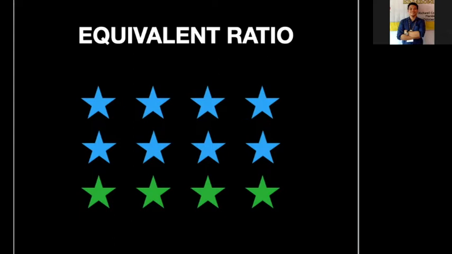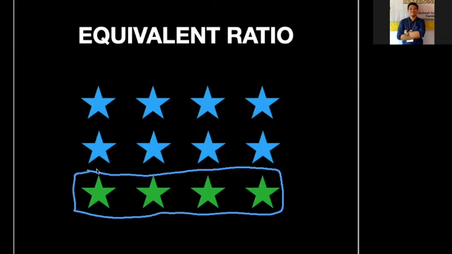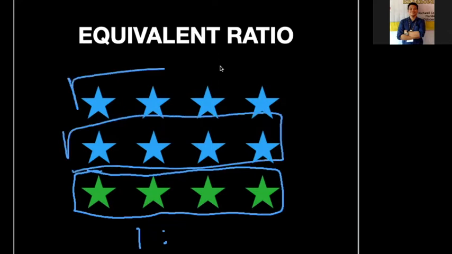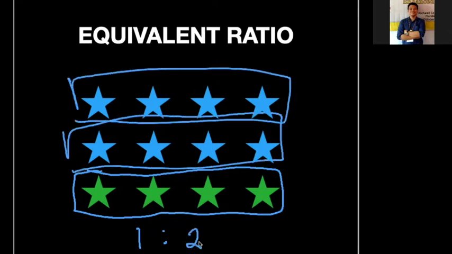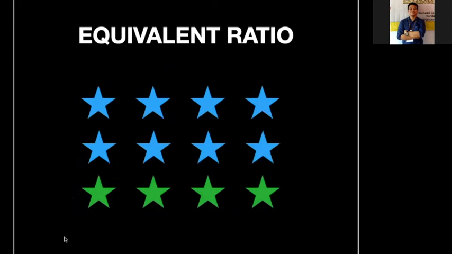Another way to express this is grouping them into 4. So for every one group of 4 for green, there are also 2 groups of 4 for blue. So if you notice, we have 3 answers. We have 1 is to 2.